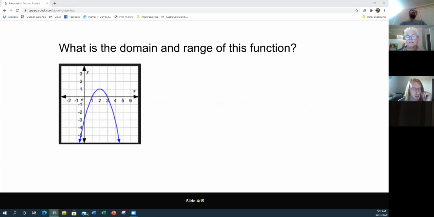Here's the first question. What is the domain and range of this function?